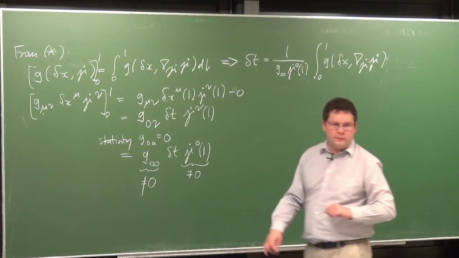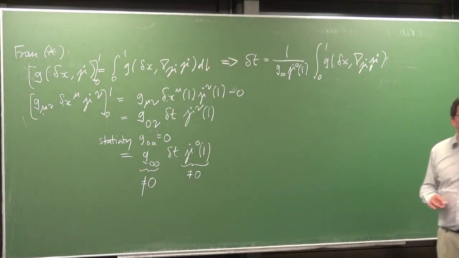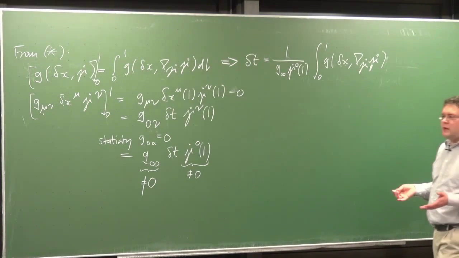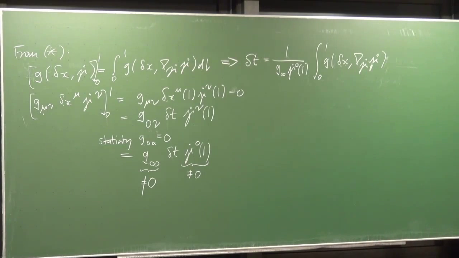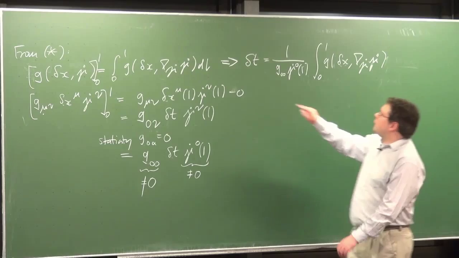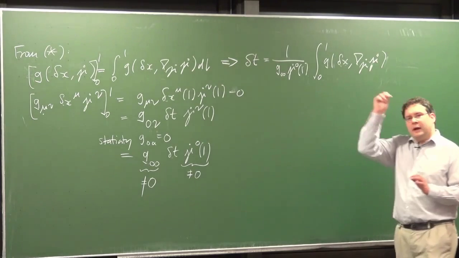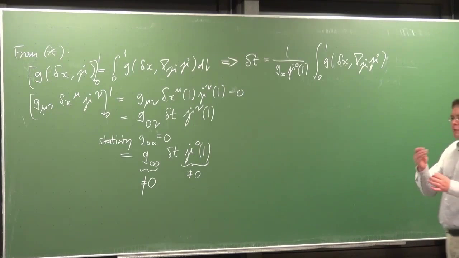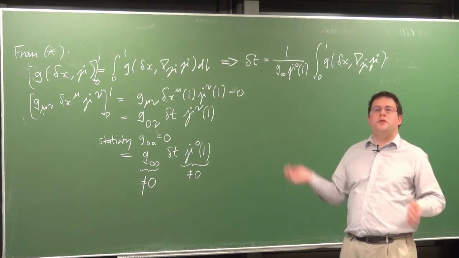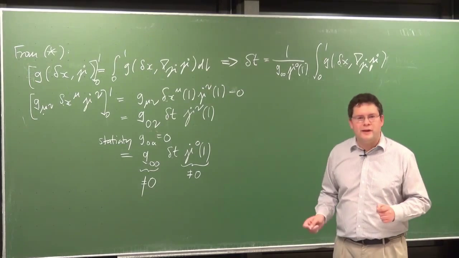That's the outcome of our variation. But let's think about what this actually means. So if we have an arbitrary null curve, we start with no variation at the start point. We get this equation for the variation in the time direction, the killing direction, at the end point for static spacetime.